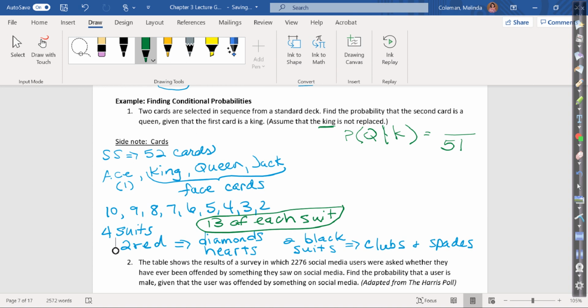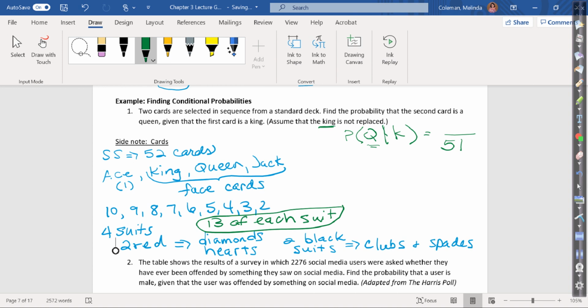So the probability that I get a queen, well, there are 4 queens that are possible, none of which have been chosen yet. All we know is 1 king has been taken out of the deck, basically. It's already occurred.